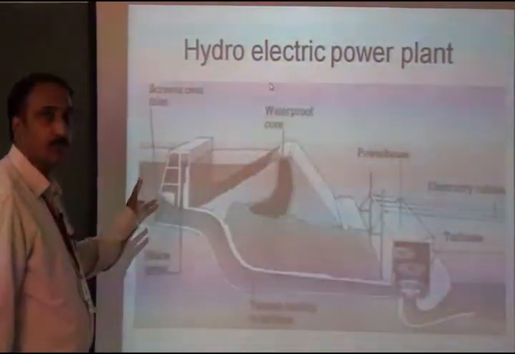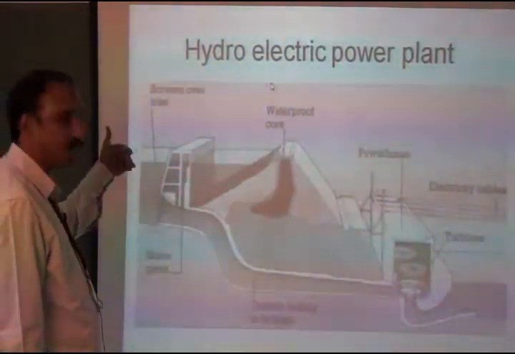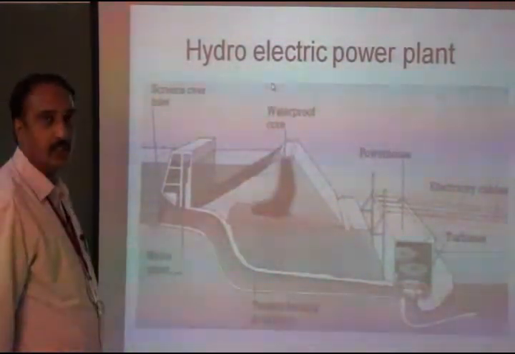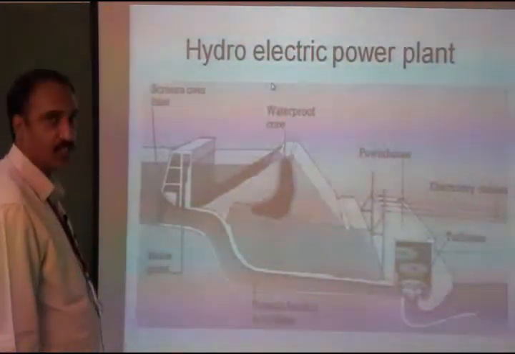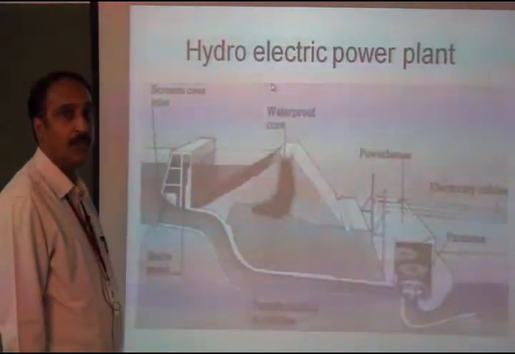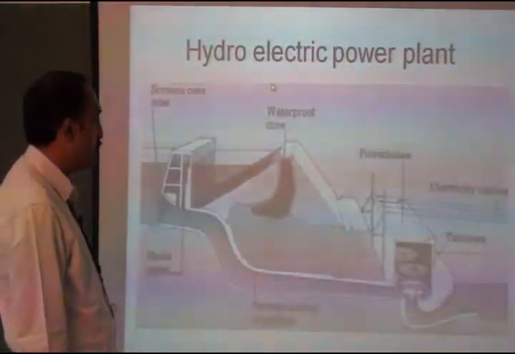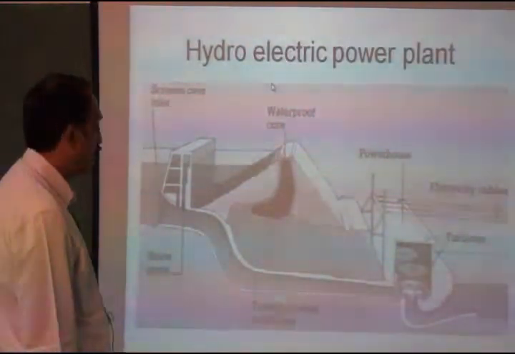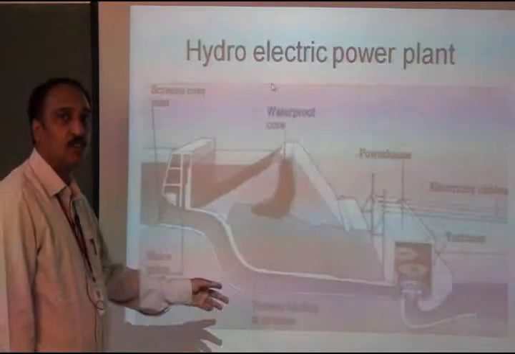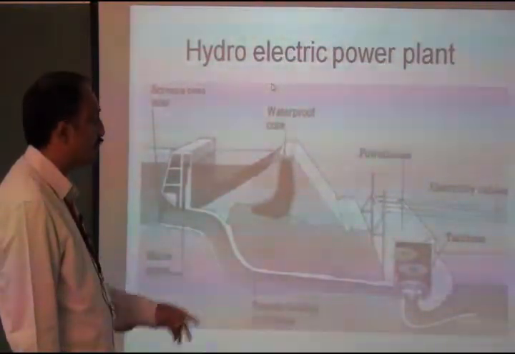A dam is usually constructed across the river. For power plant, dam is constructed at the higher elevation level. Very large diameter pipelines are used. These pipelines are here called penstock pipe, which is made up of either steel or reinforced concrete.